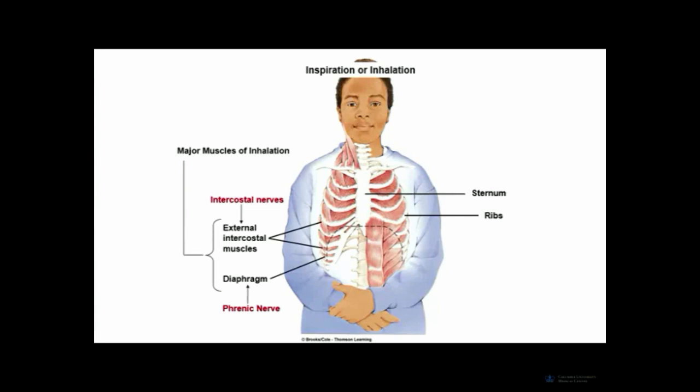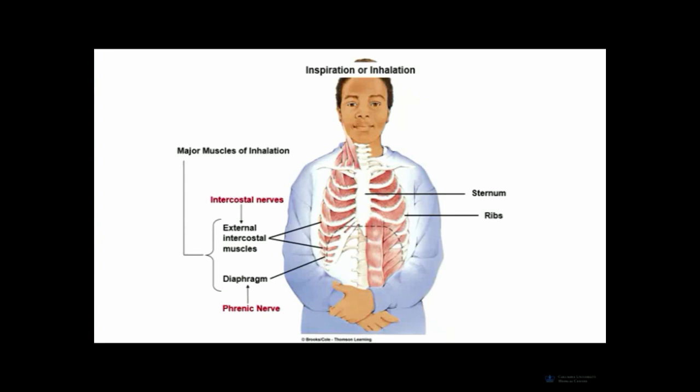Okay. The other set of muscles that are important for inhalation are the external intercostal muscles. The muscles that sit between the ribs are oriented in this crisscross way.